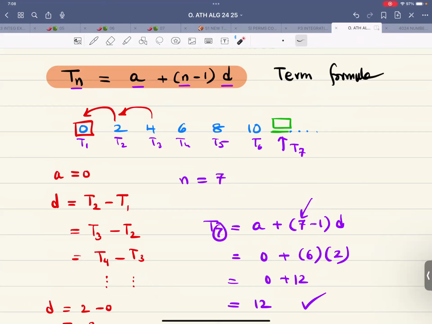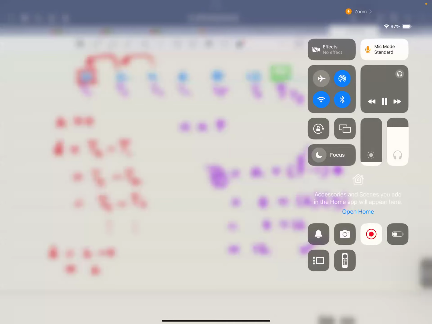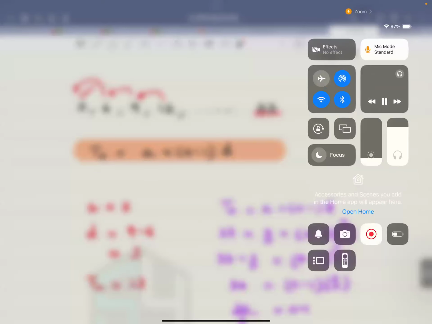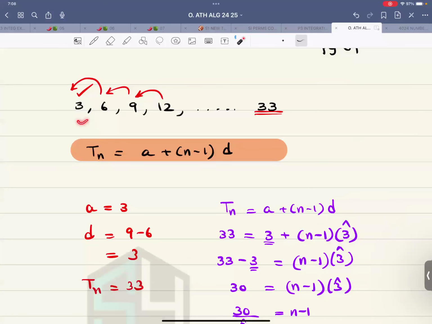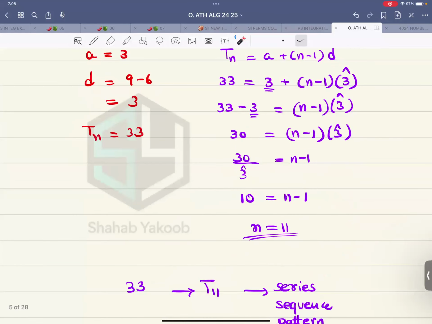That means if I plug in the first term, the number of terms, and the common difference, I can obtain a formula. So that is like worked example 1, getting the 7th term. And the next thing, that is a particular term is given, and I can find how many terms are there in order to reach this. So both are using the term formula.